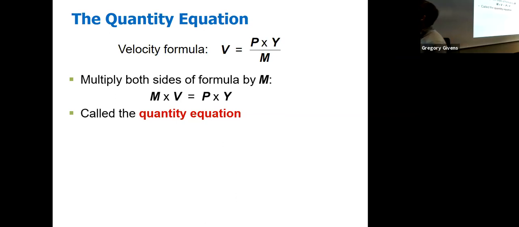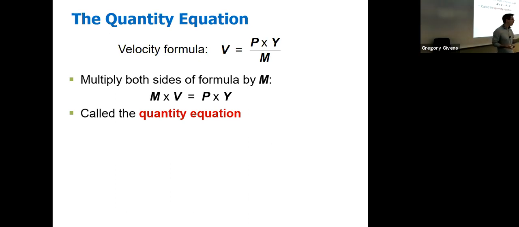Now, how do we use the quantity equation? What I want to do here is go through the same example that we did a few minutes ago using the supply and demand framework. That is, think about how an increase in the money supply changes the price level in the long run, but using the quantity equation instead of the supply and demand model for money.